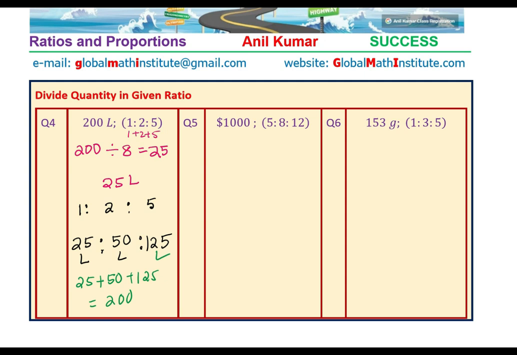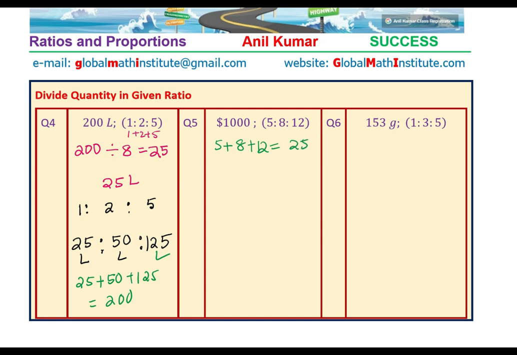Makes sense, right? Great. This time we are working with $1,000 to be distributed among three persons in the ratio of 5 is to 8 is to 12. So each unit will be how much? So what we do is we add 5, 8, and 12, which gives us 5 plus 8 is 13, plus 12 is 25.